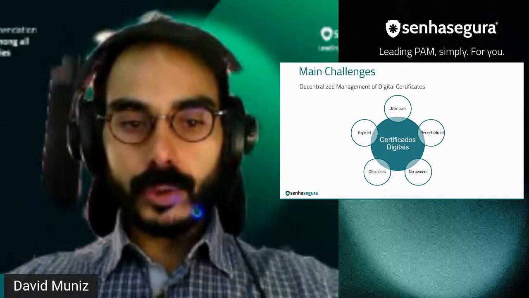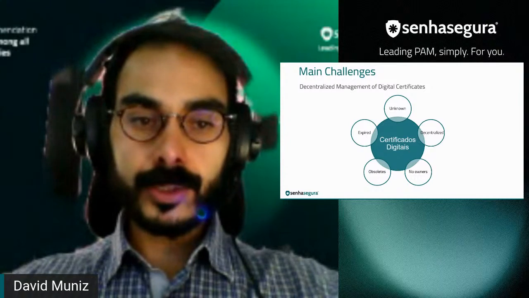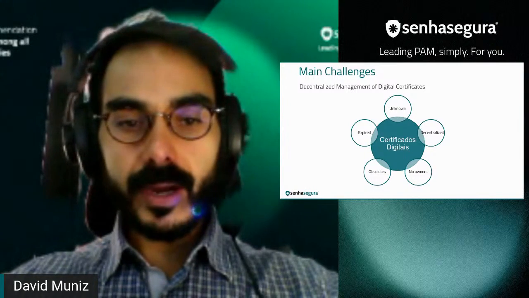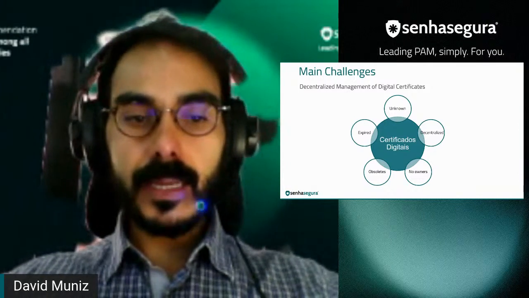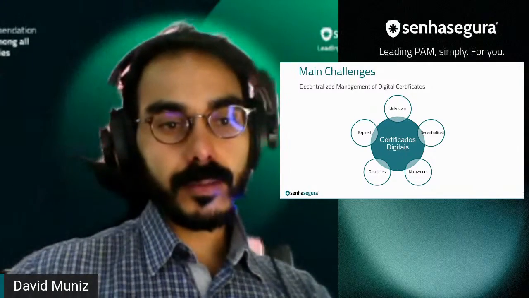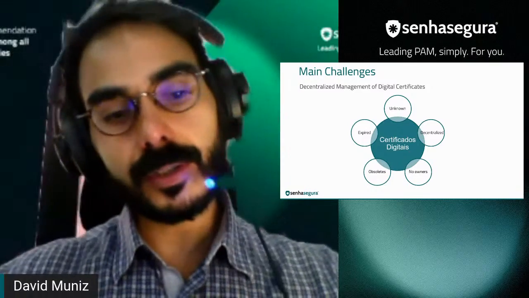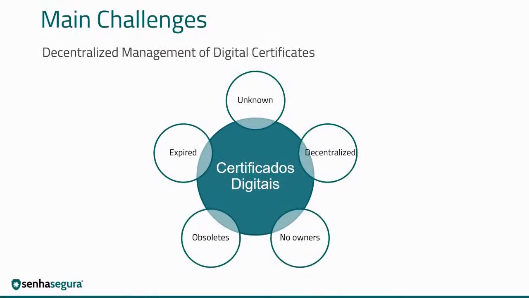So to have a complete overview of your digital certificates, you have to know where they are and the expiration date, and have a centralized view. Some other aspects associated with this management of digital certificates are certificates with no owners, certificates that are expired, unknown certificates, that is an attack vector that can be explored by malicious attackers to perform their activities.